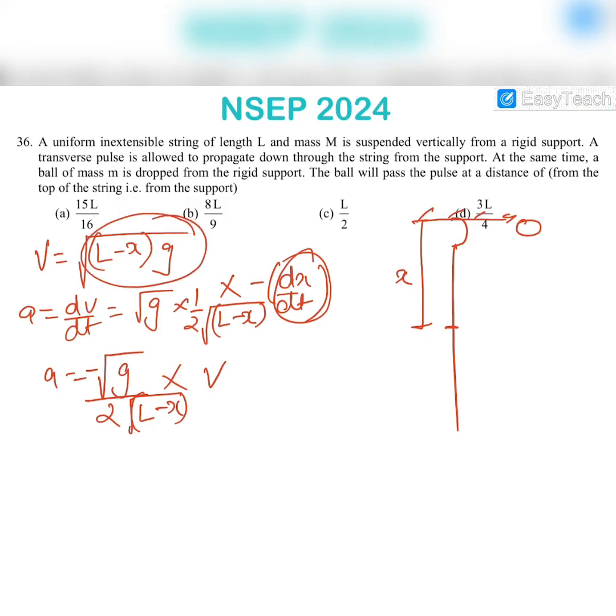V is under root of L minus x into root g. So cancelling this L minus x with L minus x, this is minus g by 2.